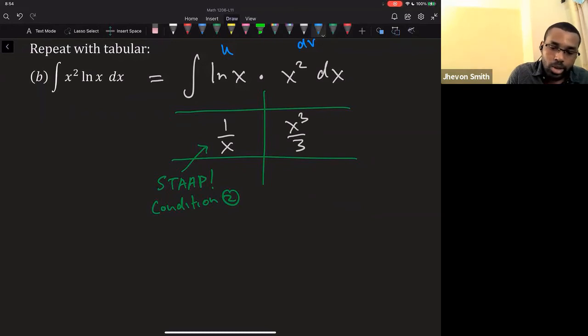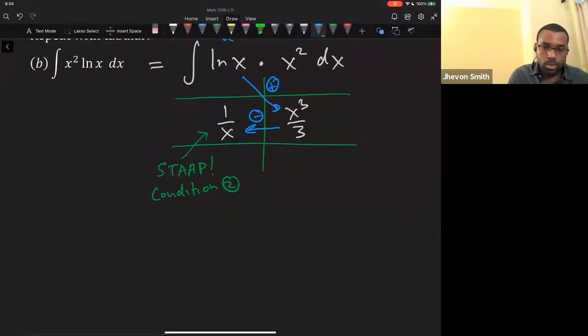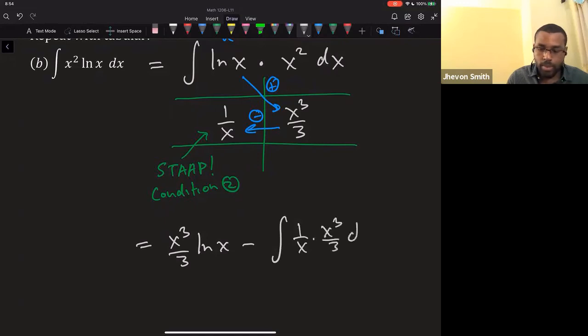So I would go this times this with a positive sign, that times that with a negative sign. And so ultimately, this becomes x cubed over 3 ln x minus the integral of 1 over x times x cubed over 3. Right? You get the integration by parts formula if you just stop tabular integration at the first row, at the first newly created row.